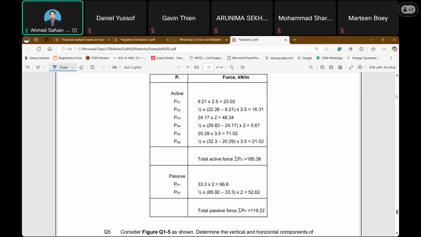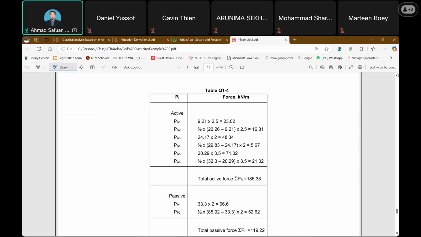So for example, for table Q14, we have 6 active areas to calculate.